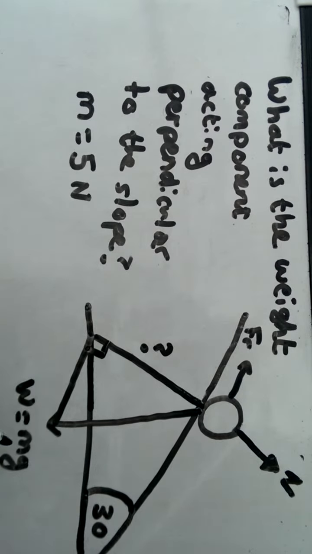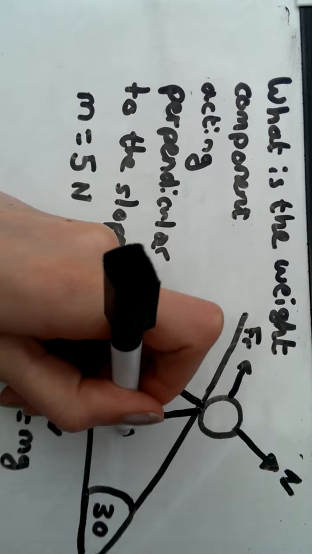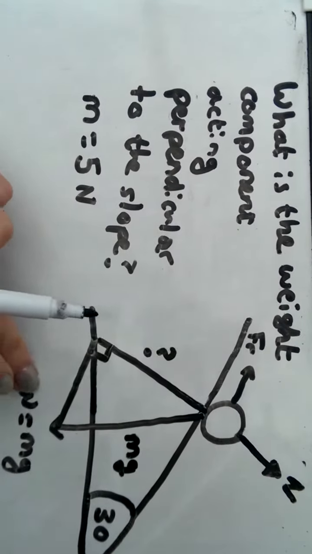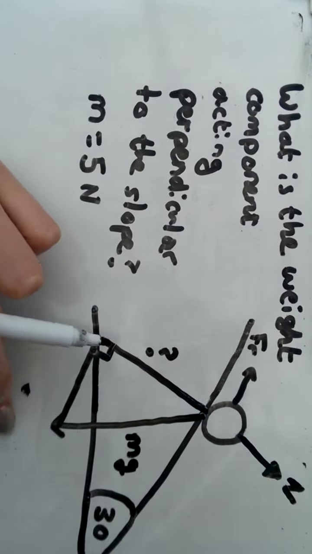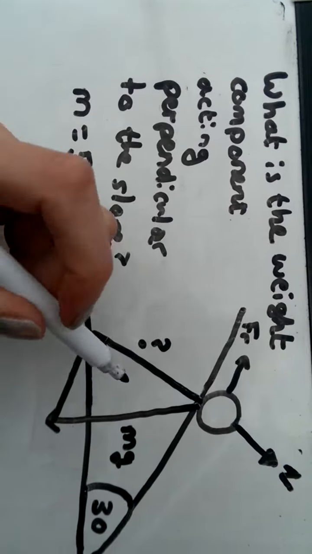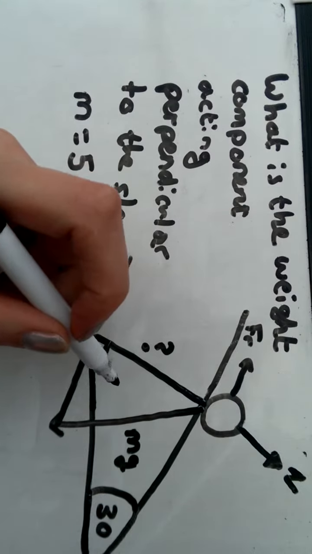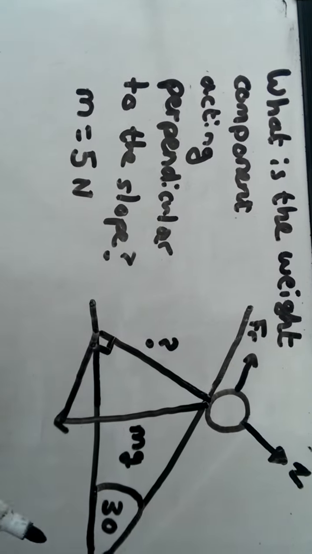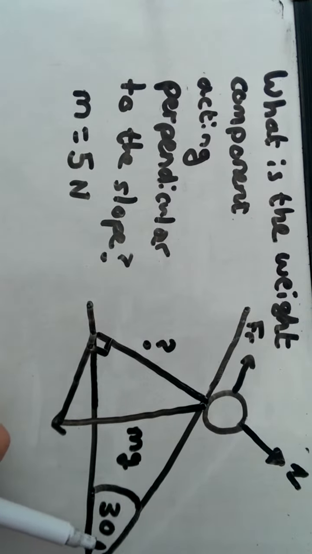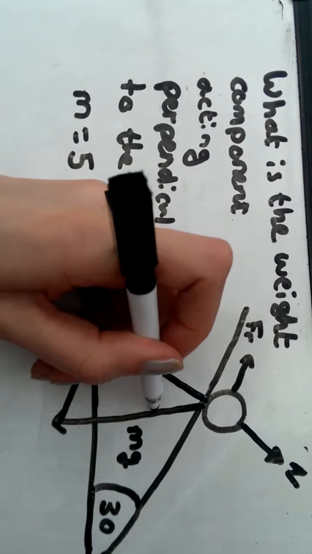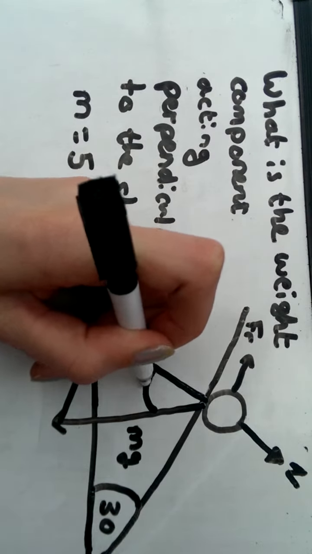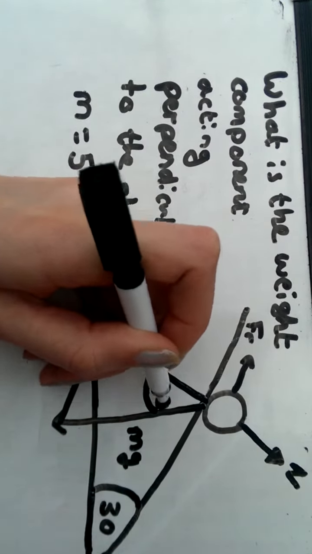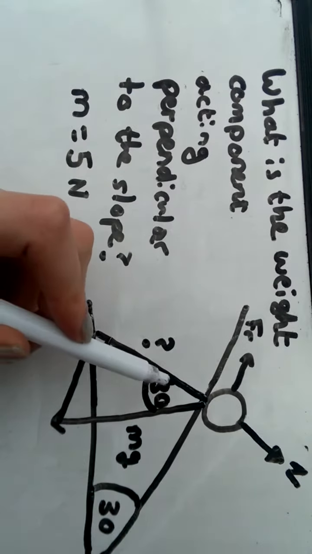So if I redraw our weight component along here, we know this side is mg. We need an angle to work out this question. We know the angle of the slope here is 30 degrees, which means that this angle here is also going to be 30 degrees due to our angle geometry.